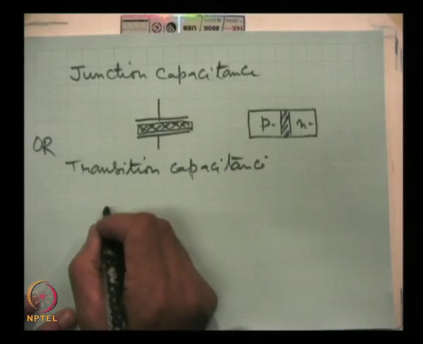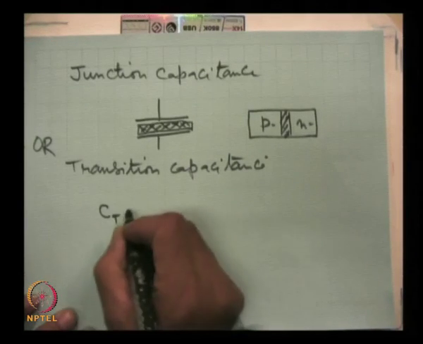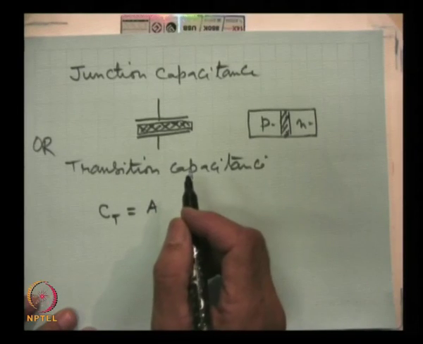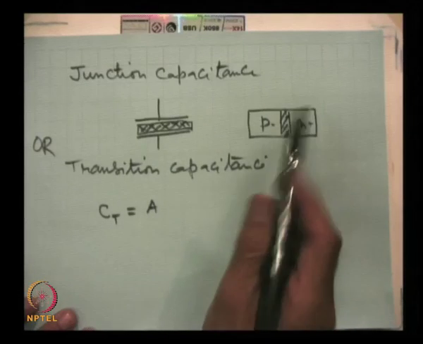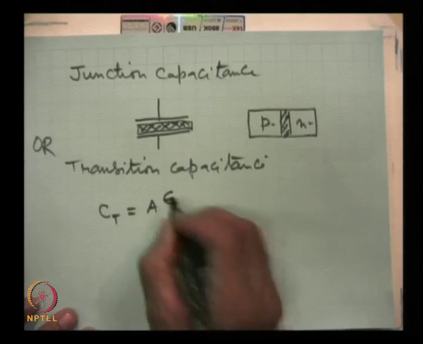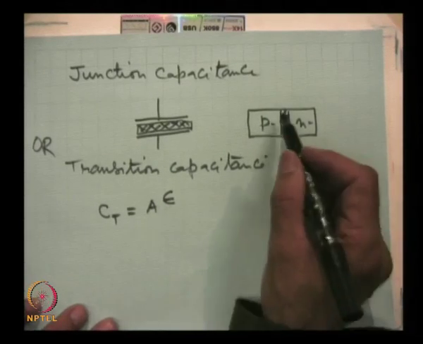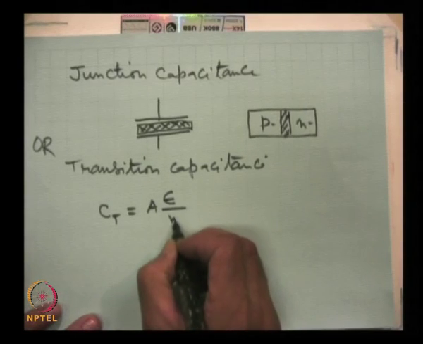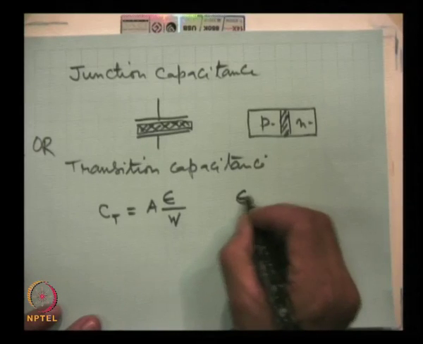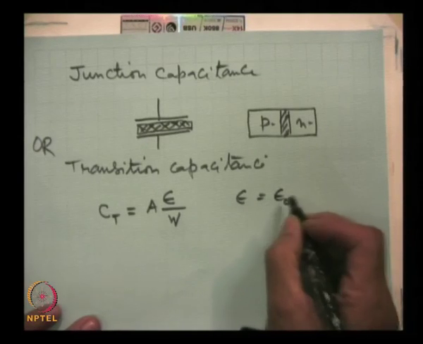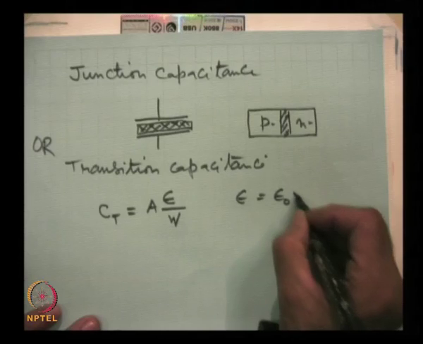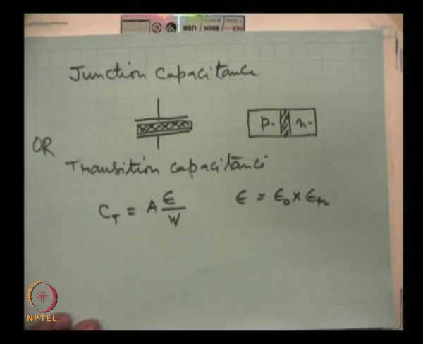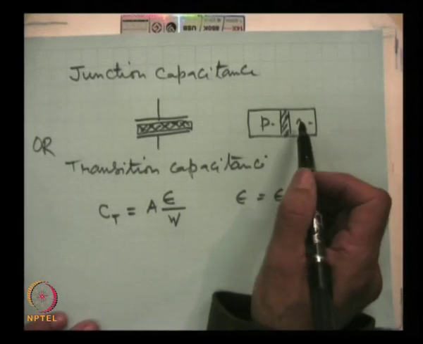The simple parallel plate capacitor expression is C = εA/W, where A is the area of cross section of the junction, and ε is the permittivity of this depletion region, the dielectric, divided by the depletion width. This permittivity is equal to the permittivity of free space times the dielectric constant, which is around 11.5 for silicon.